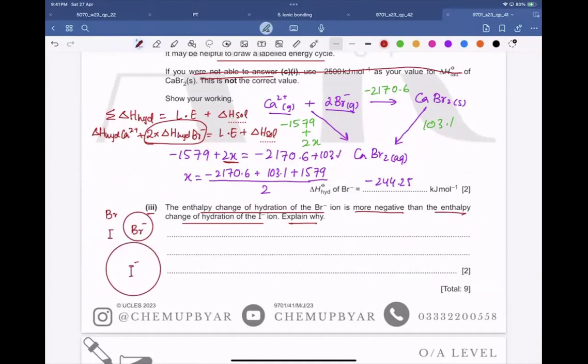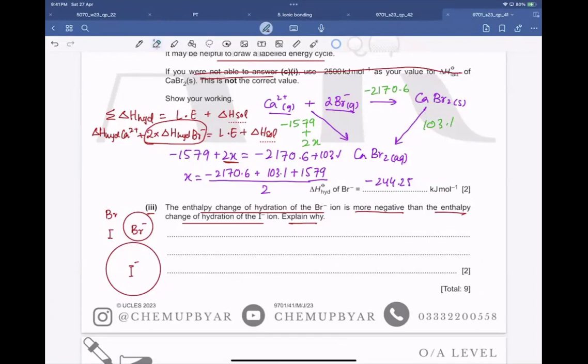And both have the same charge, that is -1. So the charge density of iodide is lower. And if the charge density of iodide is lower, there would be a lesser force of attraction, right?